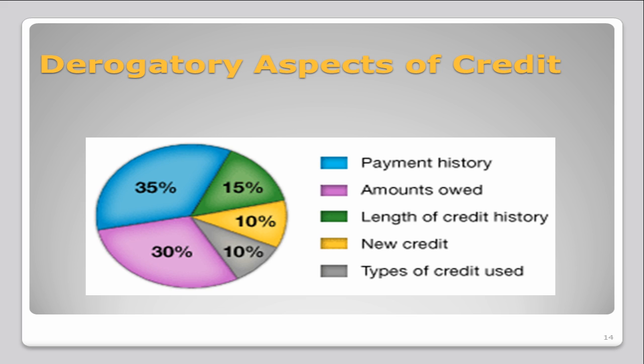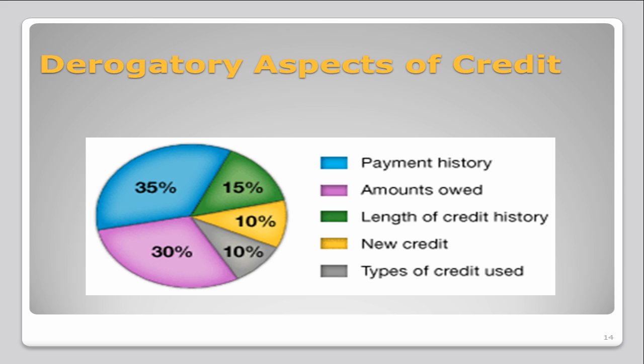It's a good idea to periodically make sure that you use those old accounts. Even if it's an old department store, if the department store is still in business, then it's worth it to go there every 6 months or a year and go charge a pair of socks or get something you were going to get anyway, and then pay it back off again and keep that account active. Because length of history, 15% is a big number.